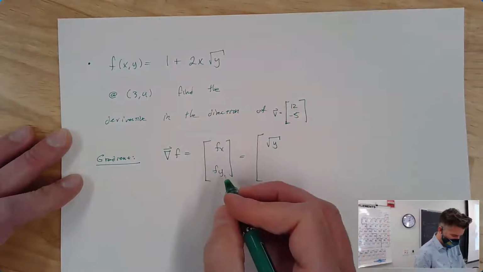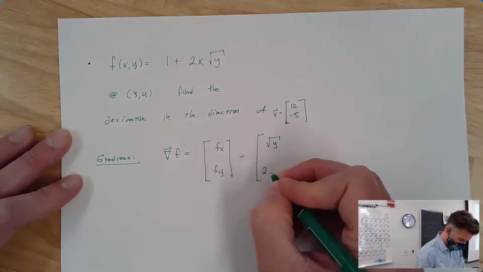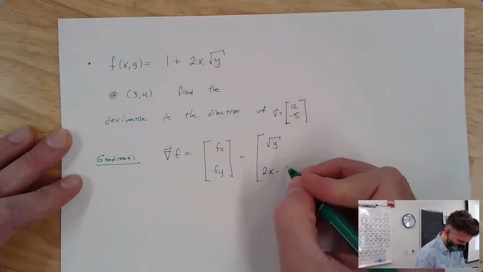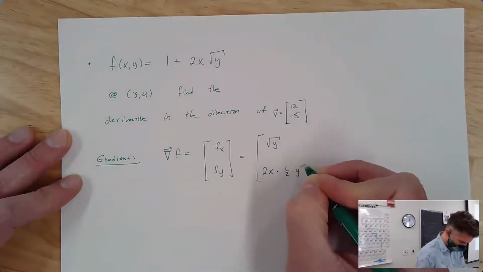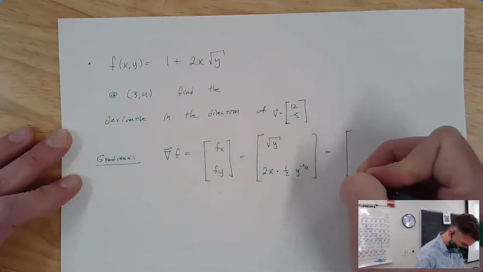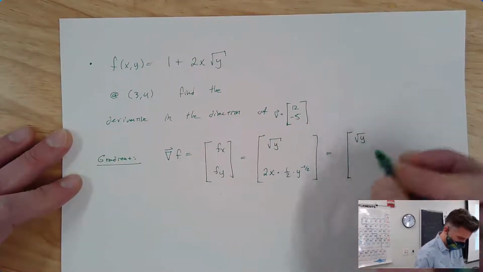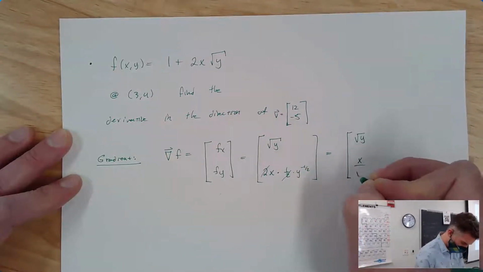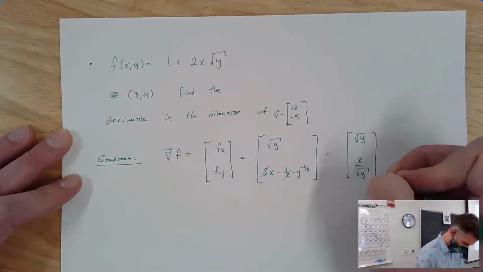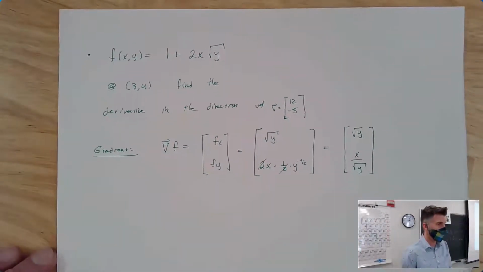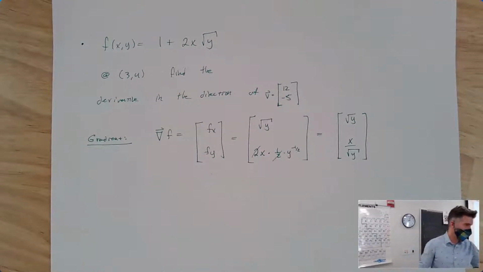And the partial with respect to y is going to be 2 times x times the derivative of the square root of y, which is 1/2 times y to the -1/2. If you want to make this look a little nicer, you can say it's the square root of y and then x divided by the square root of y. There's my gradient for any point x, y. Questions about that?